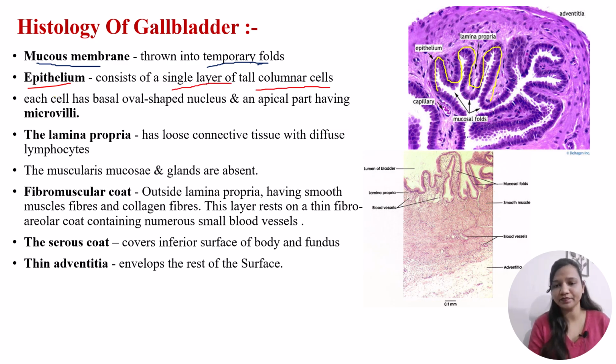As you can see here, there is a single layer of tall columnar cells, and each cell has a basal oval shaped nucleus and an apical part having microvilli. Microvilli are the brush borders of the cell.